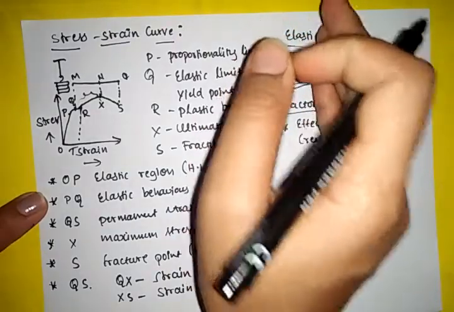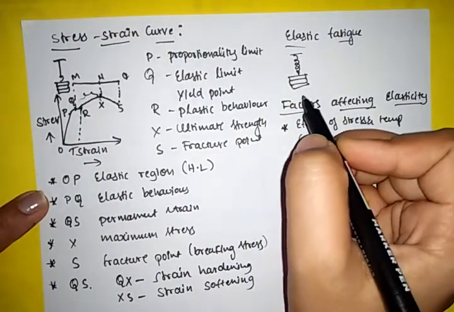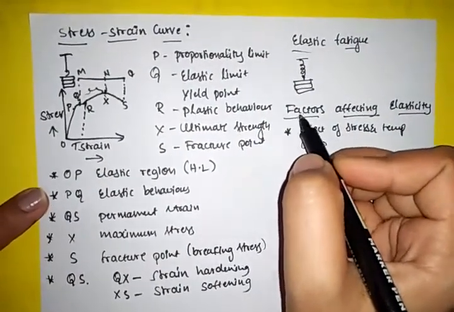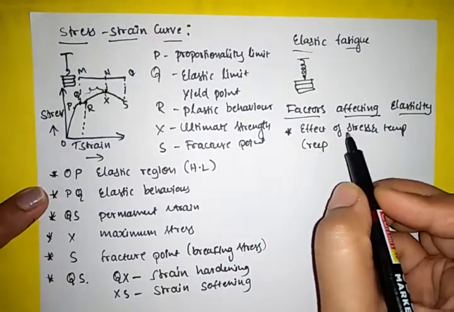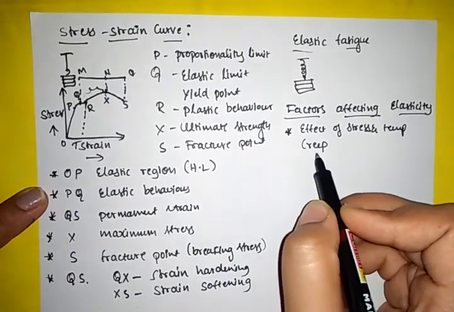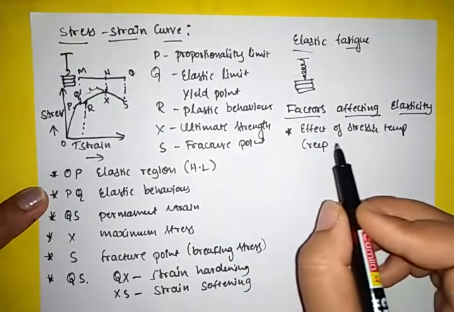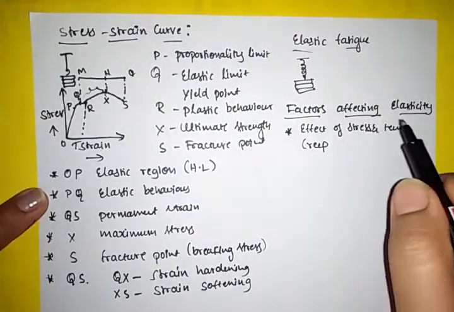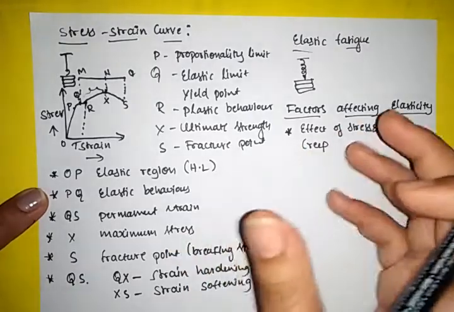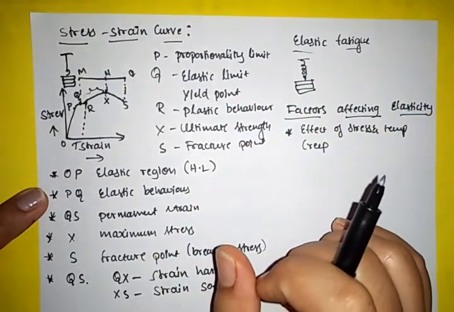If we apply continuous stress to the material, continuous strain takes place in that material, and this is known as creep. This happens even below the proportionality limit.